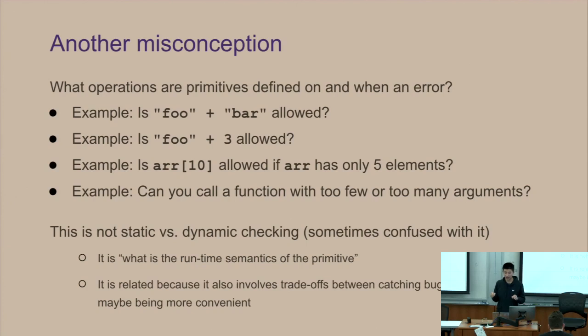It is really about the runtime semantics of the primitive, which depends on how the language actually implements your plus. They are related because this kind of check involves the trade-off between whether you try to catch the bug sooner or later.